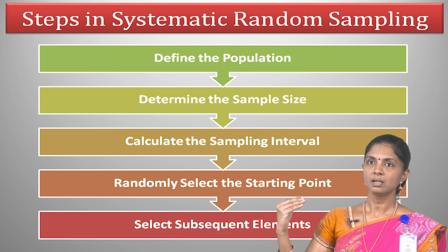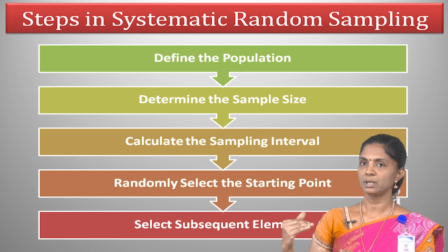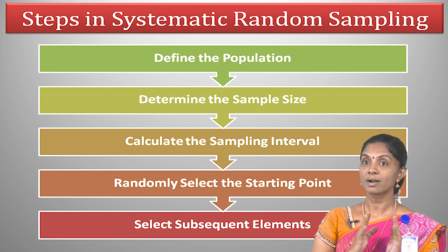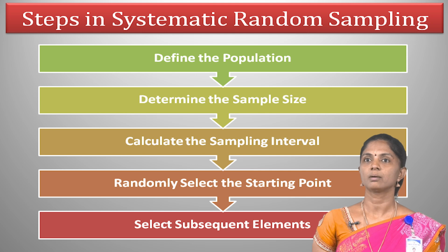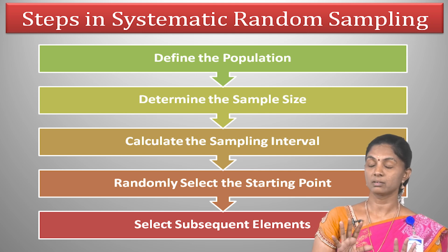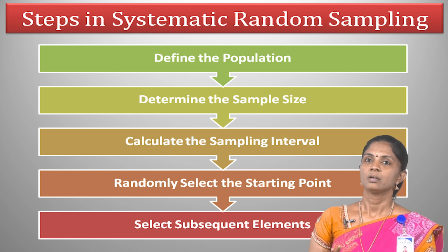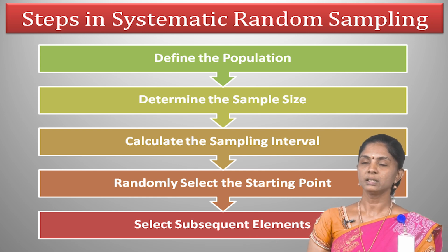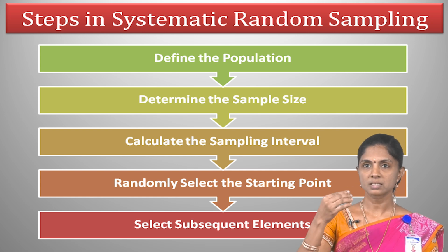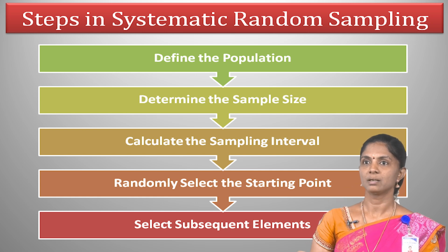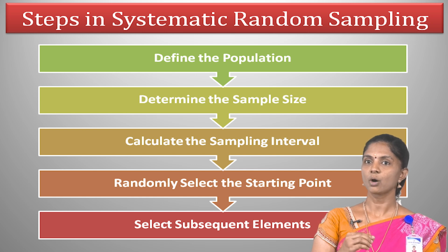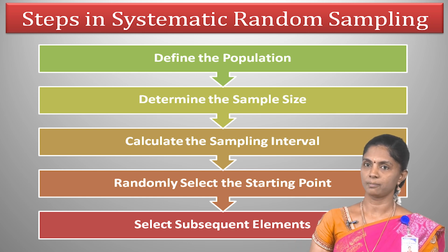For example, a systematic random sample using researchers. Say you want a sample of 100 employees from a company with 1,000 employees. To calculate the sampling interval, the total number of employees is divided by the number of samples you want to select, and 1000 divided by 100 gives 10.